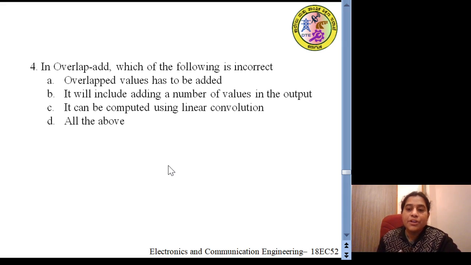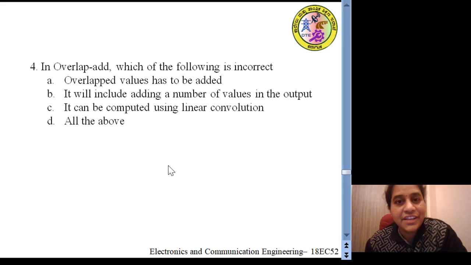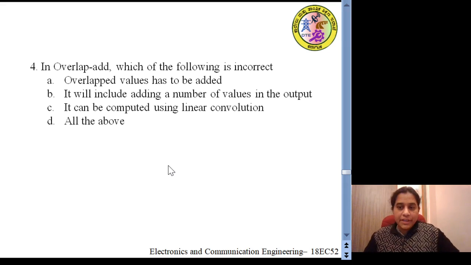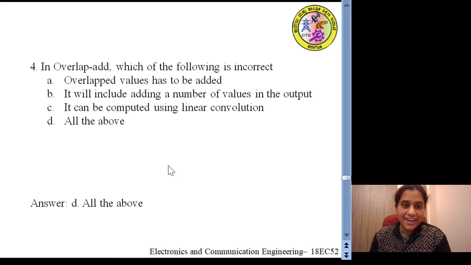Also, it includes adding a number of values in the output section. That's also correct. And it can be computed using linear convolution. Correct. So we are computing linear convolution by the circular convolution method. So all answers are correct. So the answer is option D, which is all the above.